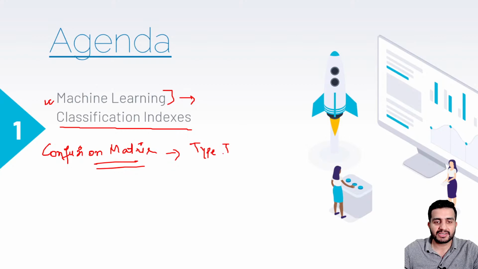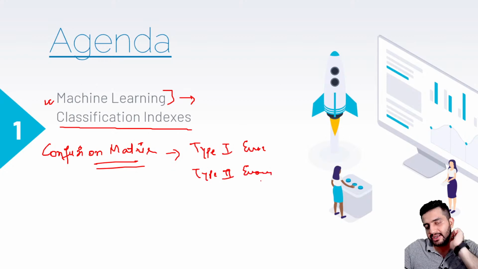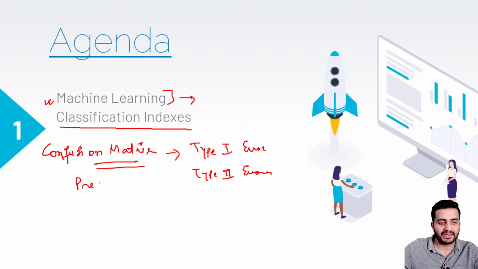Then we have type 2 error, and we're going to look into that as well. Post type 1 and type 2 error, we will focus on some metrics, such as precision.